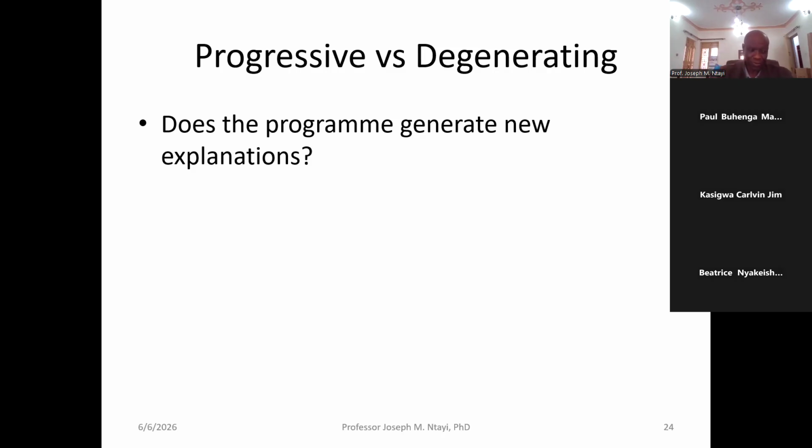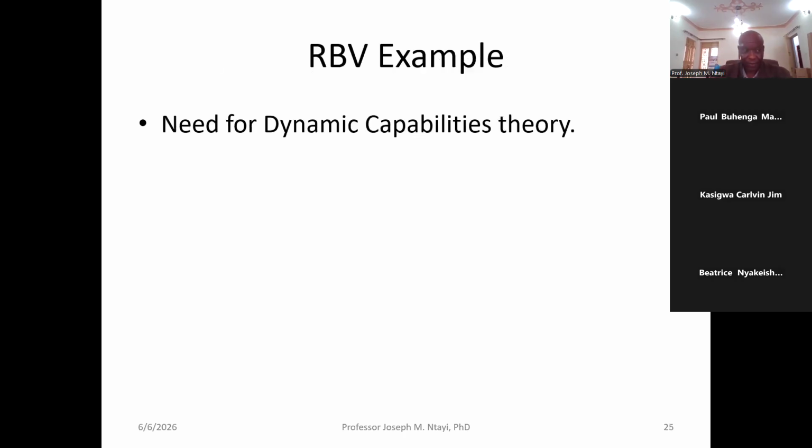So they'll keep on protecting this. Let me give you one illustrative example, which is the resource-based theory. I'm using this because I've been explaining issues using the resource-based view.